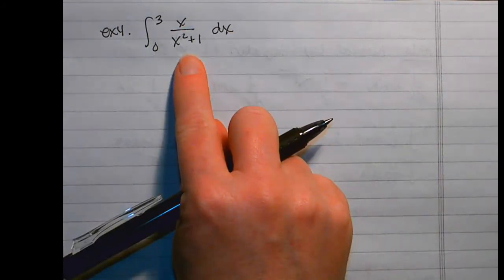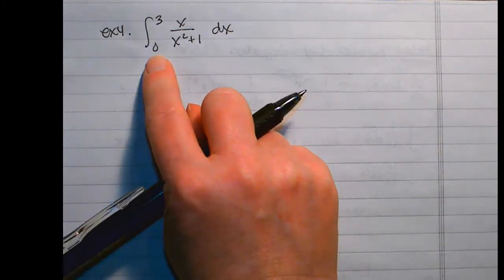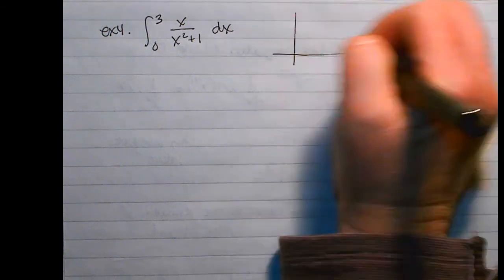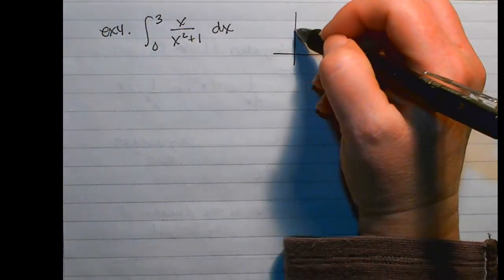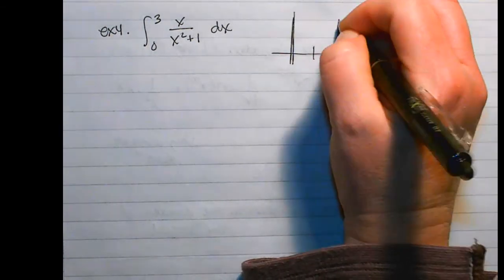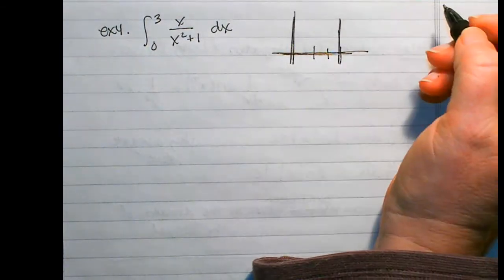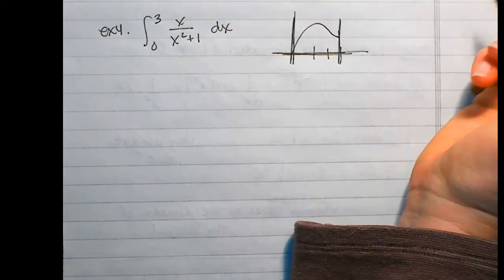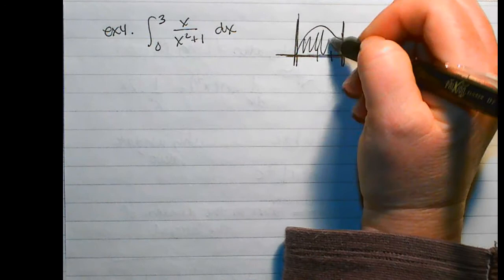So this would say, find the area between this function, the x-axis, and x equals 0 and x equals 3. So that looks like whatever the function looks like: the vertical line x equals 0, the vertical line x equals 3, and the x-axis. And the equation happens to look like this. So we're looking for this area.